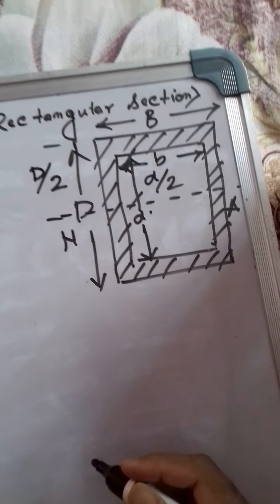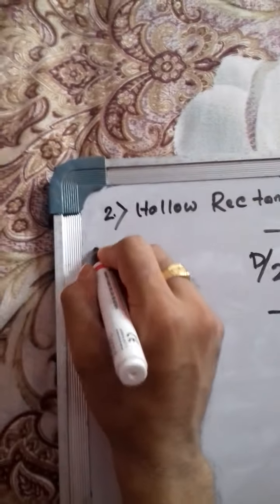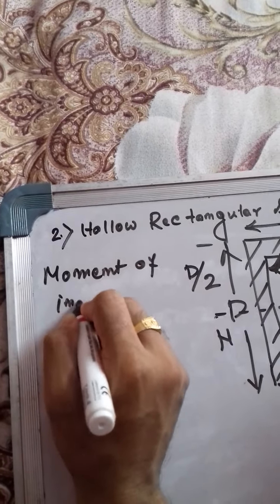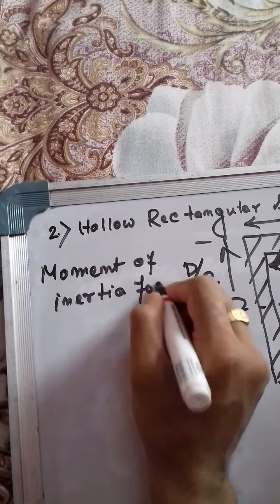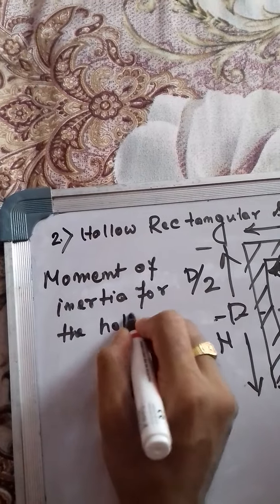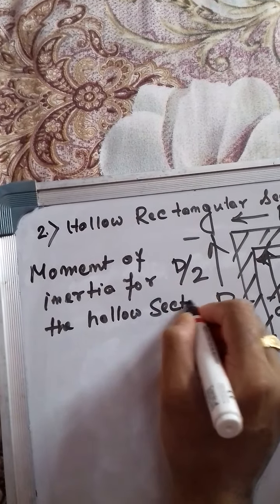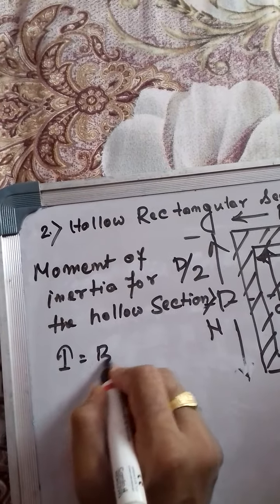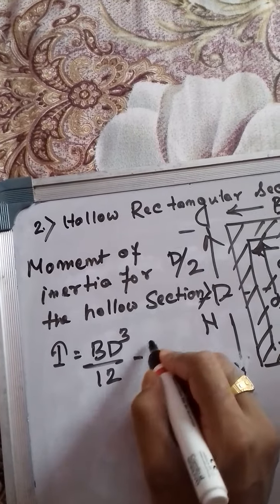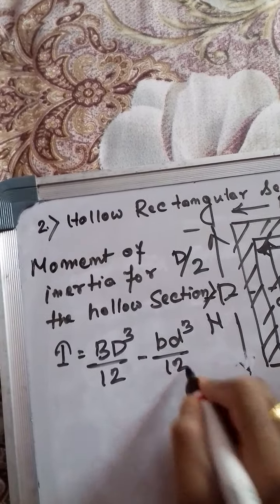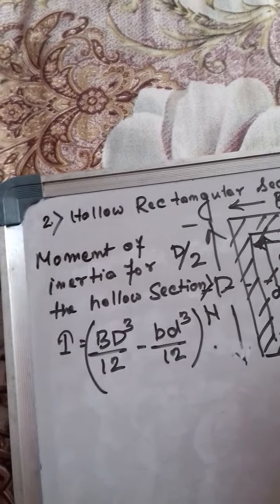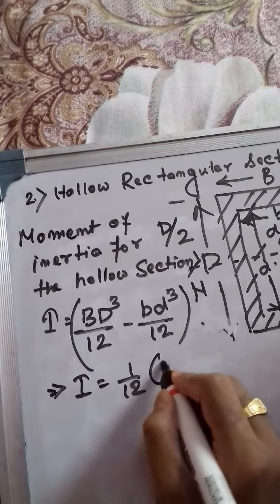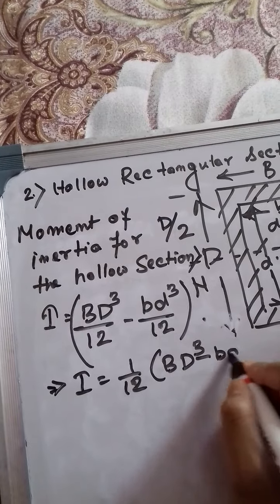In this type of section, the moment of inertia for the hollow section, I think all of you know, is equal to BD cube by 12 minus bd cube divided by 12. So we get BD cube minus bd cube.